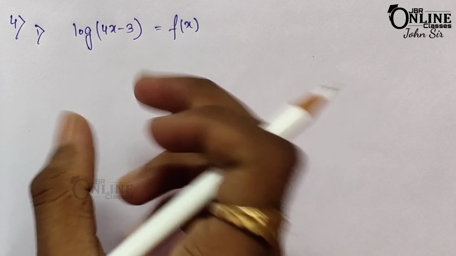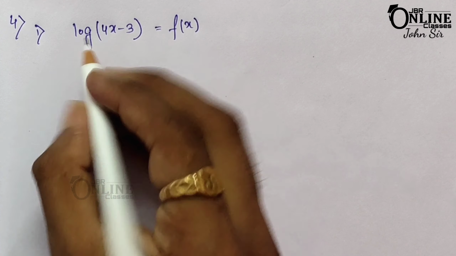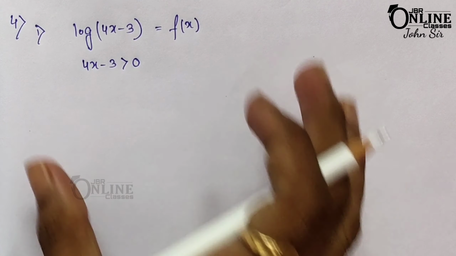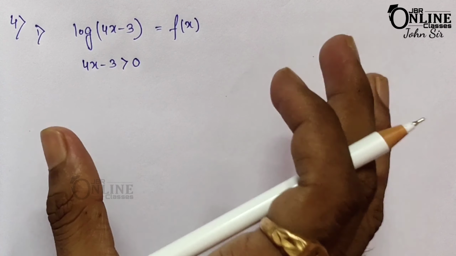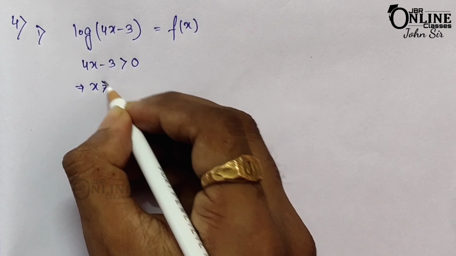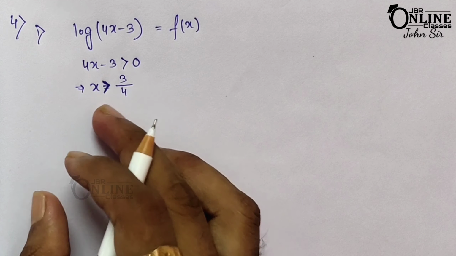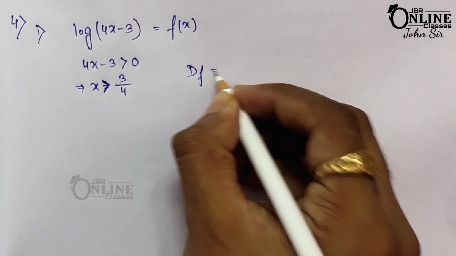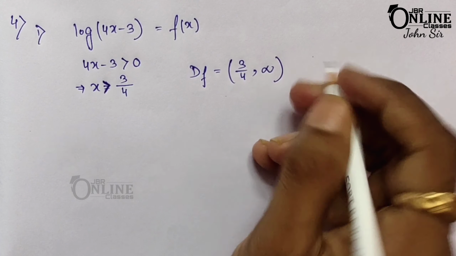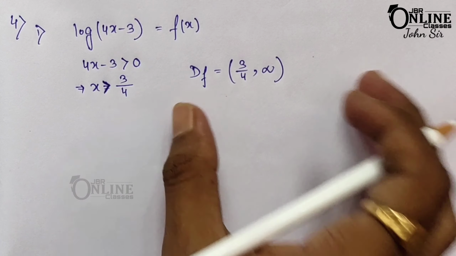So if this is a real number, then definitely you can write 4x - 3 greater than 0, and from that x greater than 3 by 4. That means the domain of this function will be (3/4, infinity). The domain of the function equals (3/4, infinity).